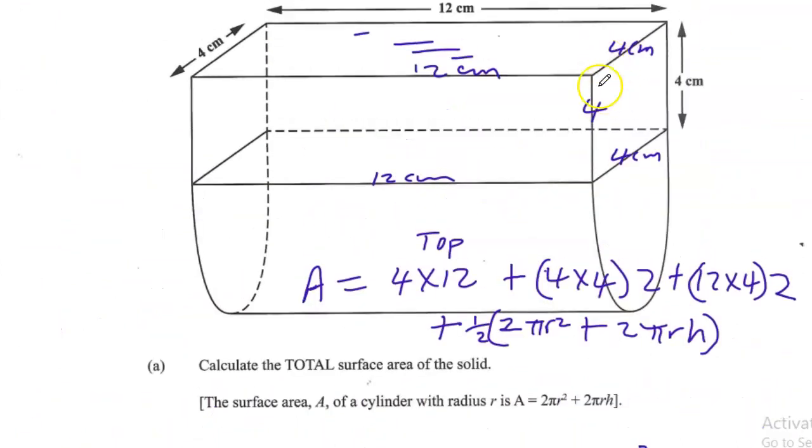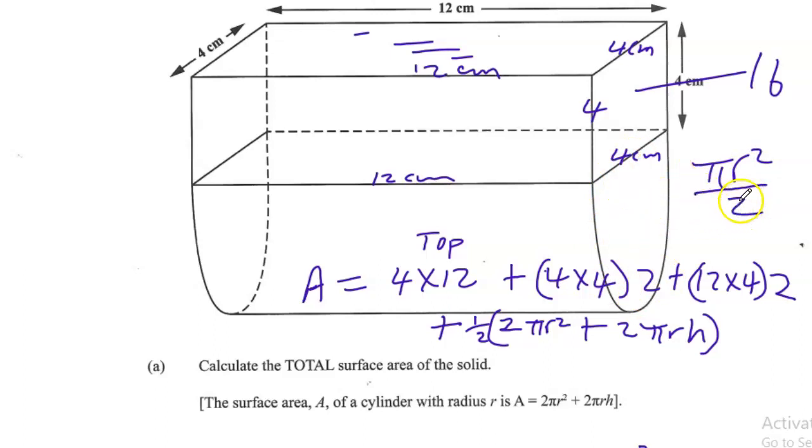And the cross-sectional area would be the side piece here, so it would be the square part, 4 times 4, that's 16, and then here would actually be a semicircle. The area of a circle is pi r square, and it's a semicircle, so half pi r square, where r is half of the diameter, here is 2.